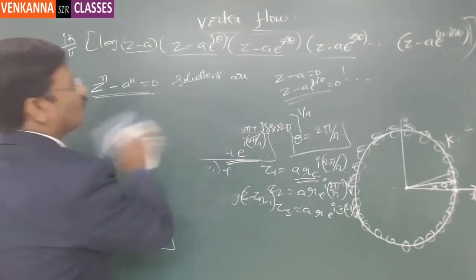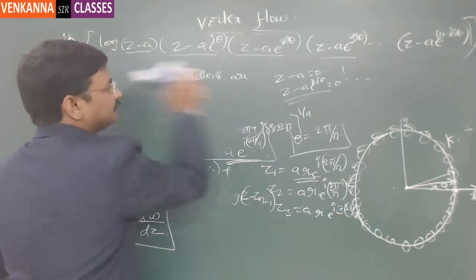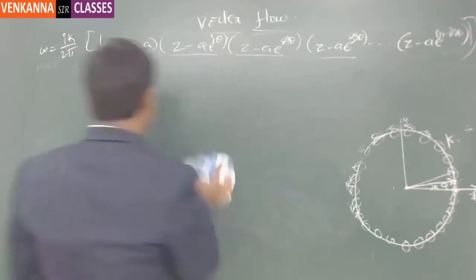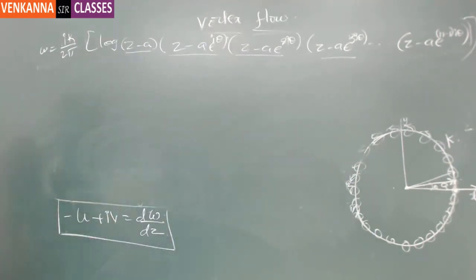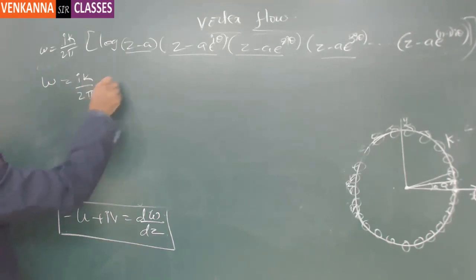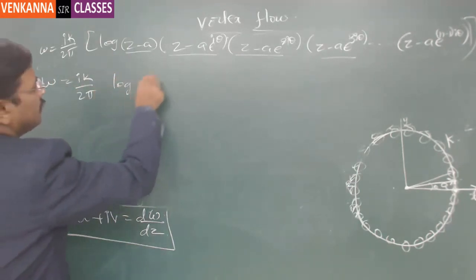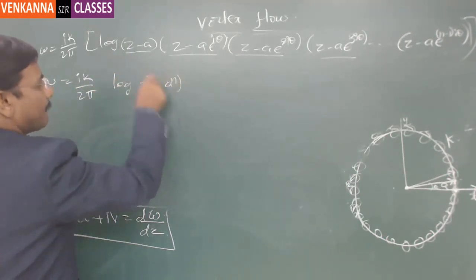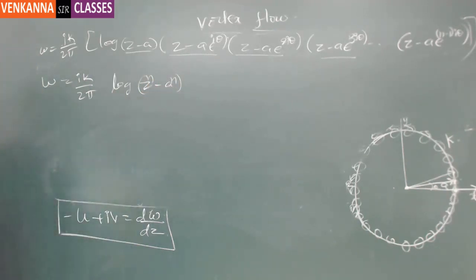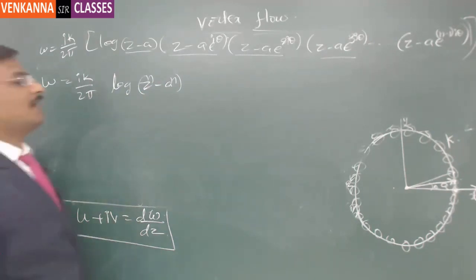And then once you get to know that, W is equal to ik by 2π log (Z power n minus A power n). So this is the complex potential. Now from this complex potential, we have to identify the velocity.